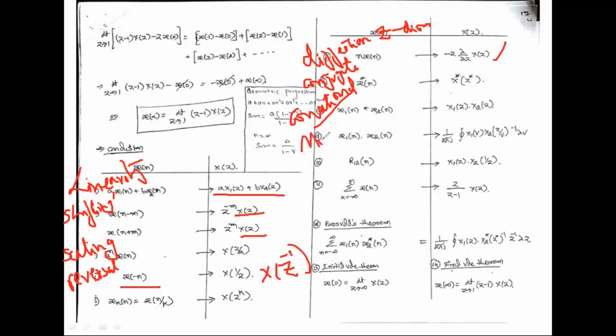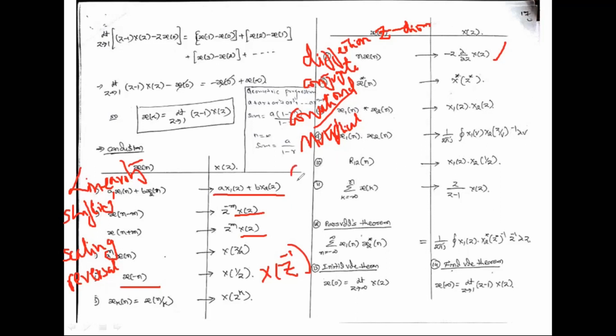And the multiplication property: x1 of n with x2 of n. To prove the multiplication property, we are using the inverse Z transformation formula, my students. It is 1 by 2 pi j the integral x1 of v and x2 of z by v inverse dv. This is dv, my students.